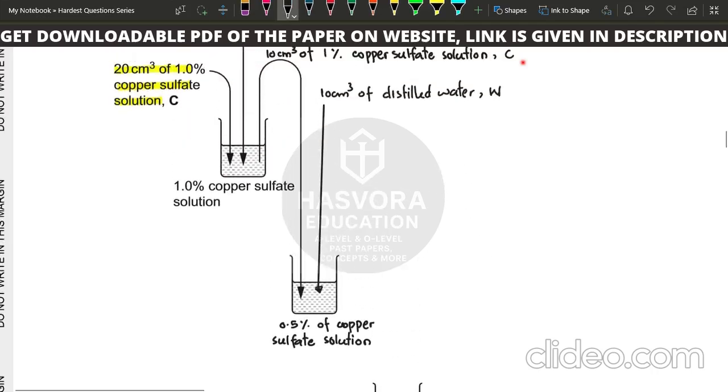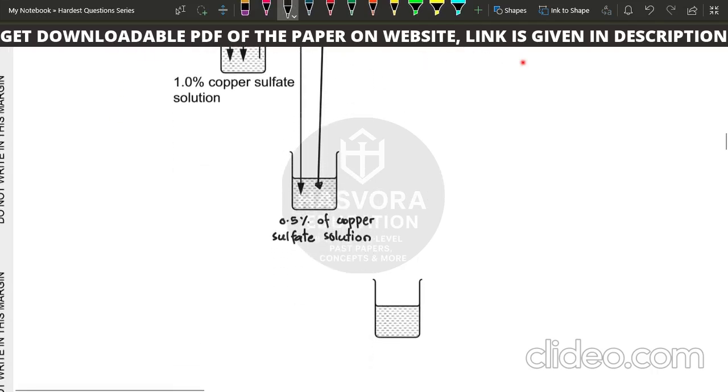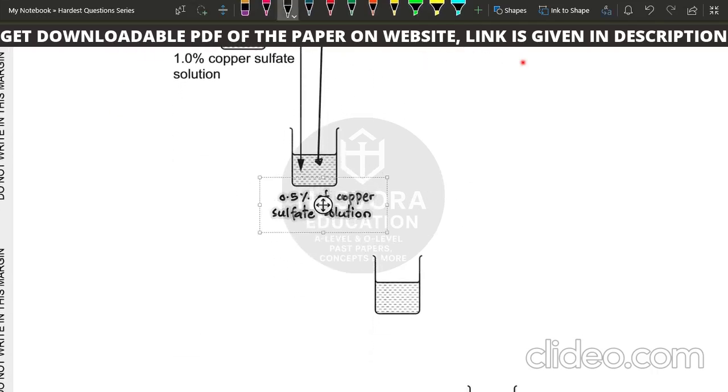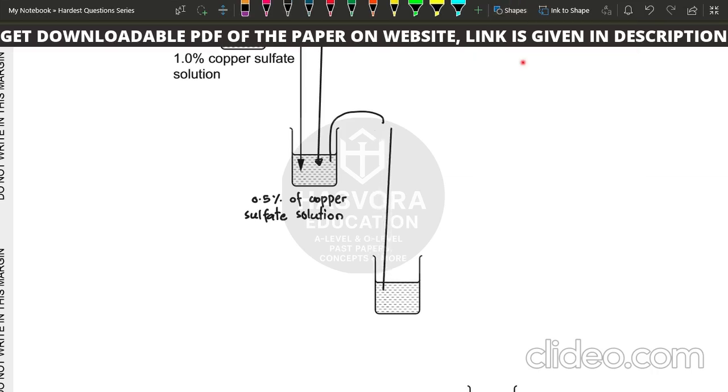Now I will do the same procedure with the 0.5%. I will again draw an arrow like this, which is being transferred, and let me just adjust it a little bit.